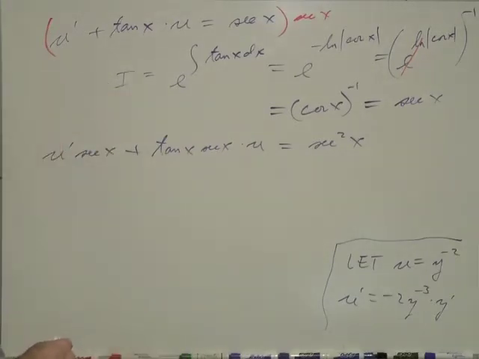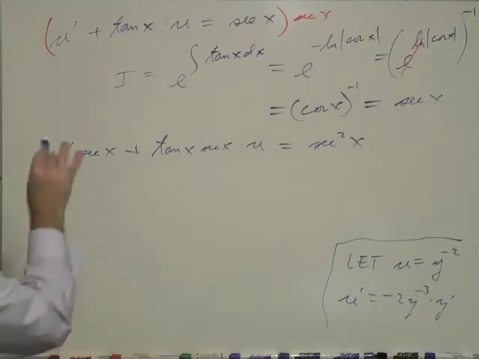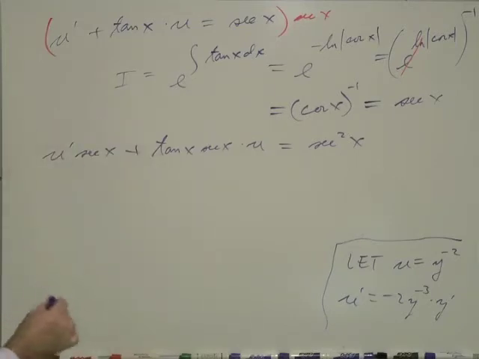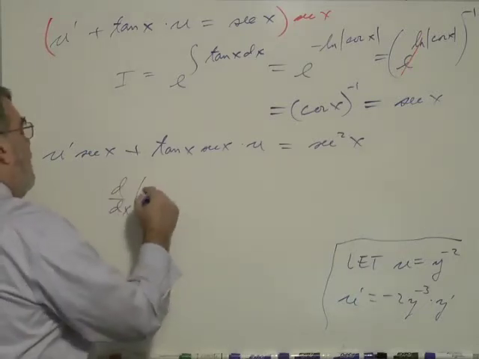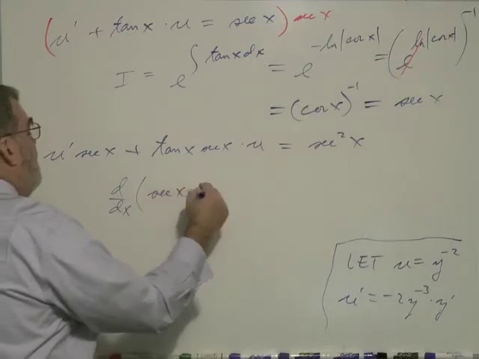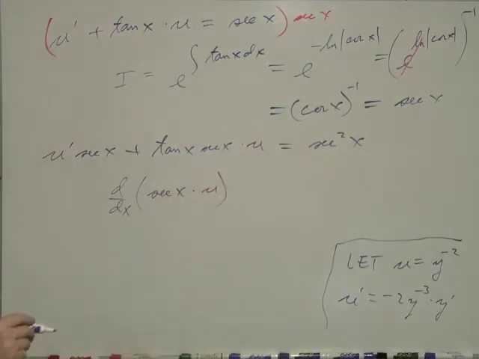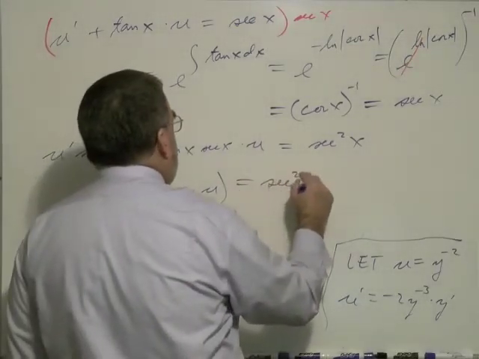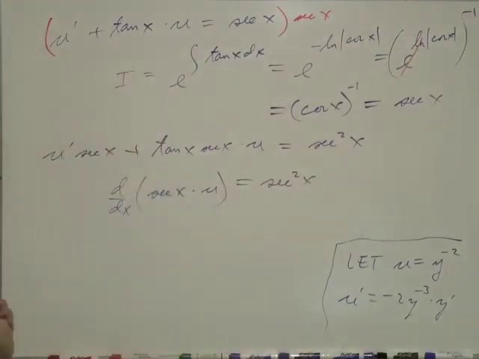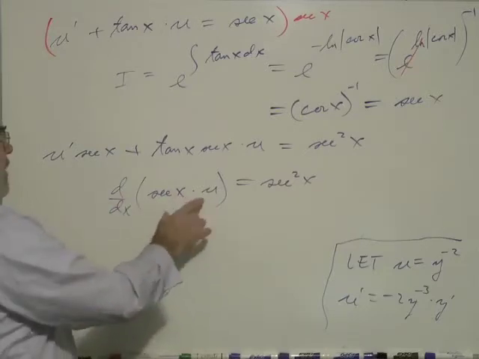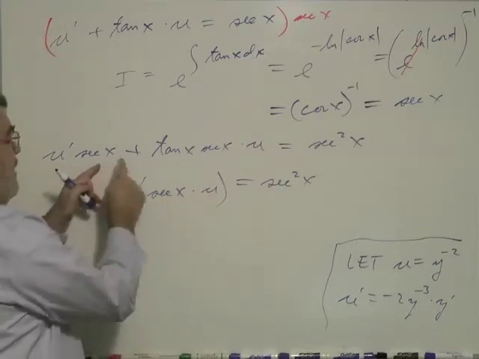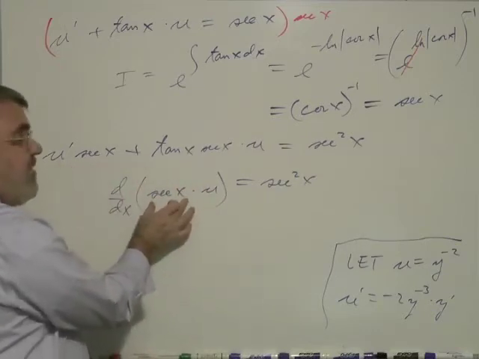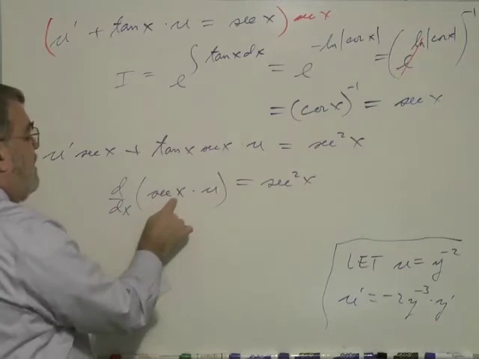And the idea, again, with these integrating factors is when we multiply here, it turns the left side into the derivative of the integrating factor times our dependent variable, in this case u. And over here I still have secant squared x. So let's just double check that. If I take this derivative, we have a product rule, so I have u prime times secant x plus derivative of secant, which is secant times tangent, and then times u.